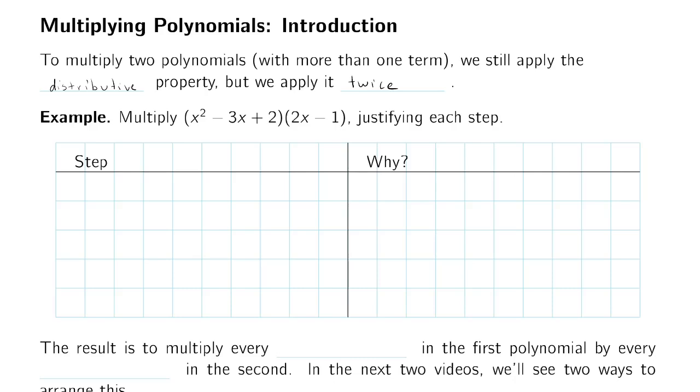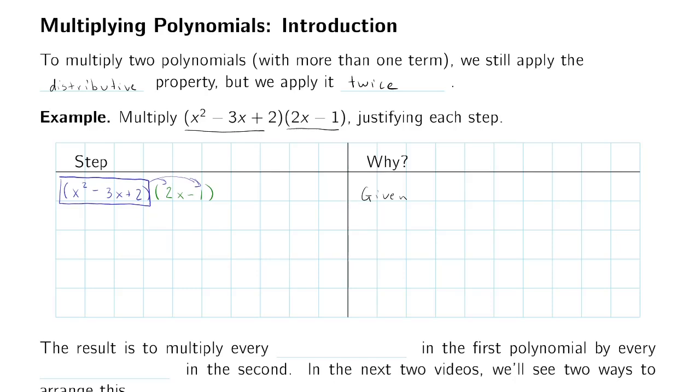We want to multiply this first polynomial with 3 terms by the second polynomial with 2 terms. First, we'll think of our first polynomial as just kind of a sealed unit and apply the distributive property to our second polynomial.